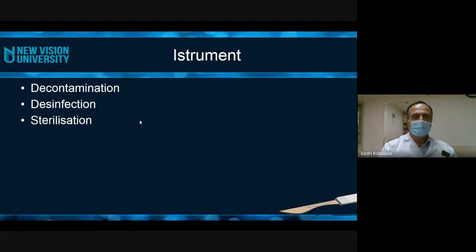It is washed. All the remnants of biological tissues or blood are removed. Then it is disinfected, soaked in a strong antiseptic solution for several minutes or sometimes several hours. After that, it is washed again to remove the disinfection solution, and it is sent to the sterilization department, where it is placed in an autoclave, heat sterilization oven, or in the ethylene oxide chamber.